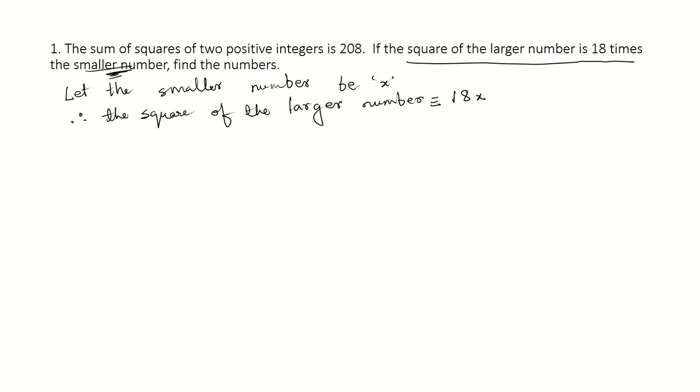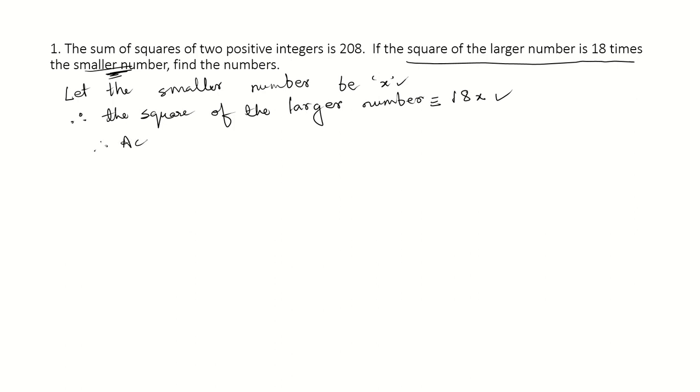Then let's see the first line. It says the sum of squares of two positive integers is 208. So the square of this number and the square of this number will add up to 208.